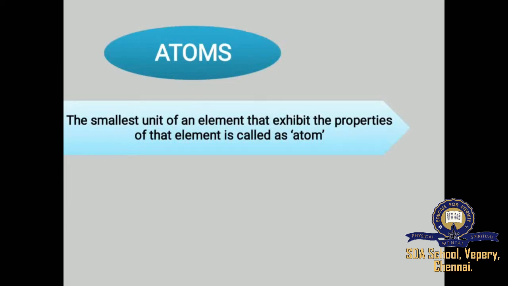Atoms are the basic unit of matter. Even with the best optical microscope, we cannot see atoms. However, there are advanced instruments that help us to image the atom on the surface of a material.